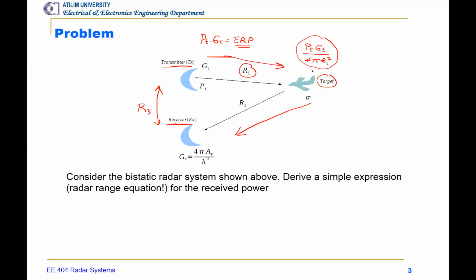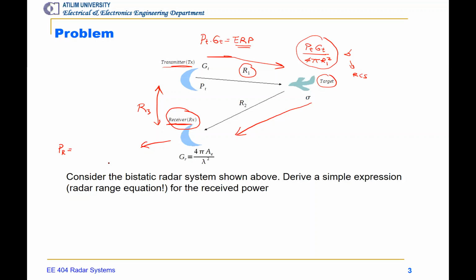This power density hits the target and is reflected back with the RCS of the target, and then travels again to the receiver. So we can continue in that way. I'm going to leave the remainder to you. You can write the range equation, and then, finally, we should write the received power.